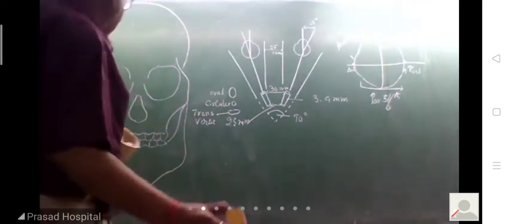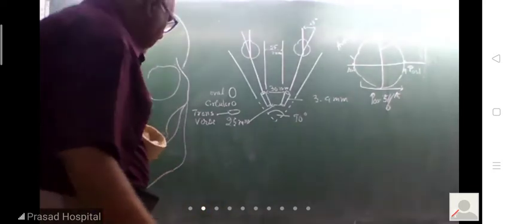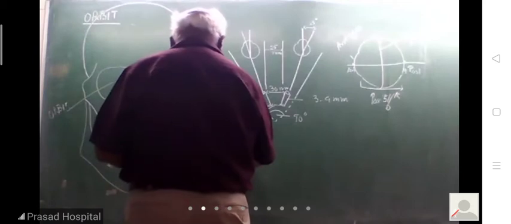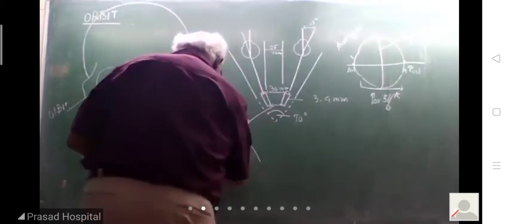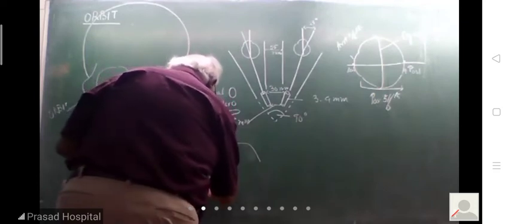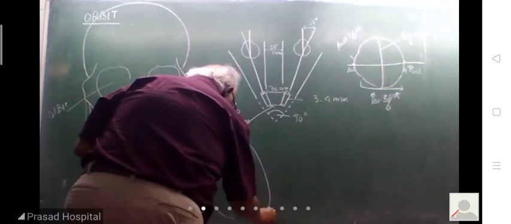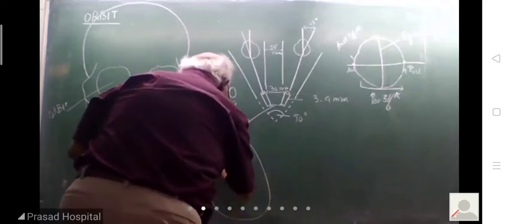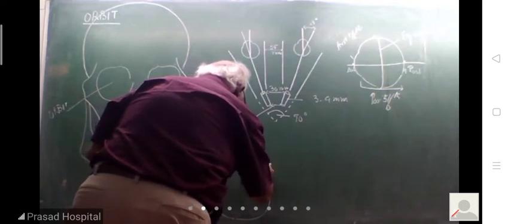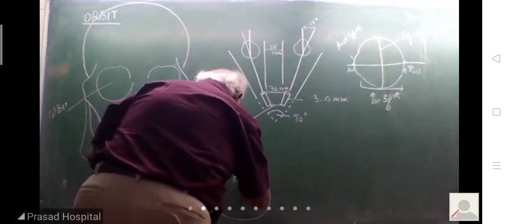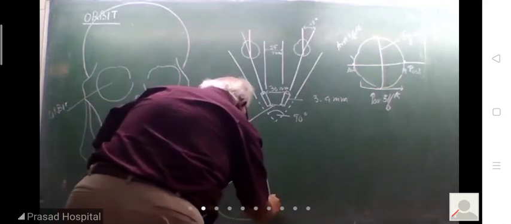We draw some shading in the superior border of the petrous part of the temporal bone.